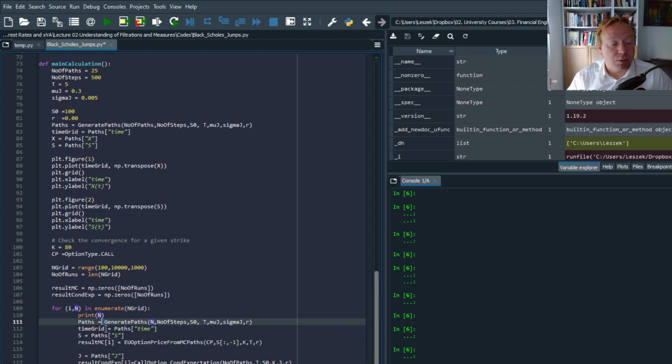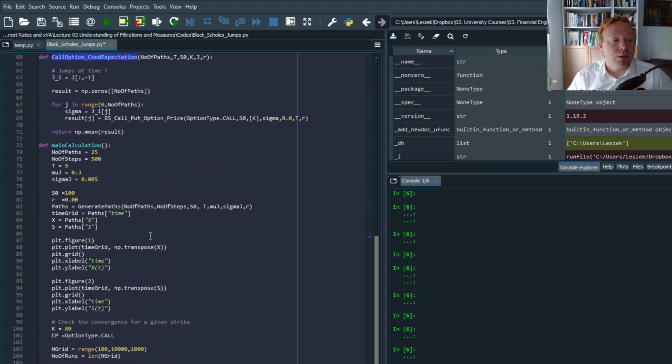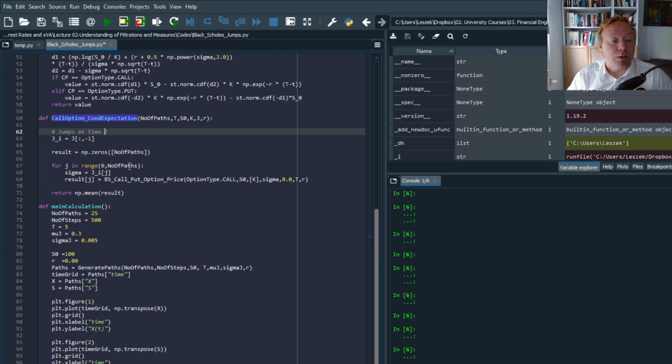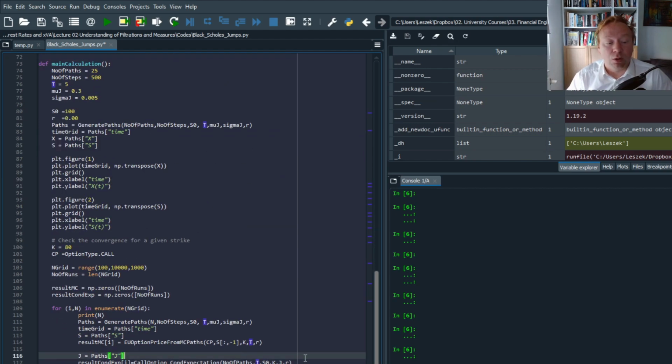We perform the Monte Carlo simulation. We evaluate the brute force approach, where we evaluate the option price given the stock at the maturity, and then for the matrix J we evaluate the conditional expectations. So the pricing, which was defined here, takes for each realization of J the Black-Scholes formula, evaluates the price, and takes the expectation. So this is basically the whole code. And let's run it.